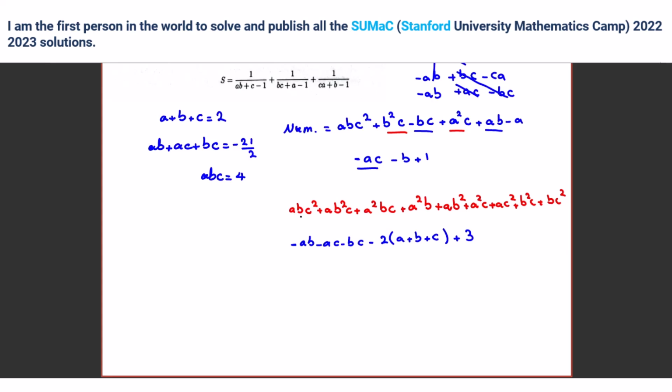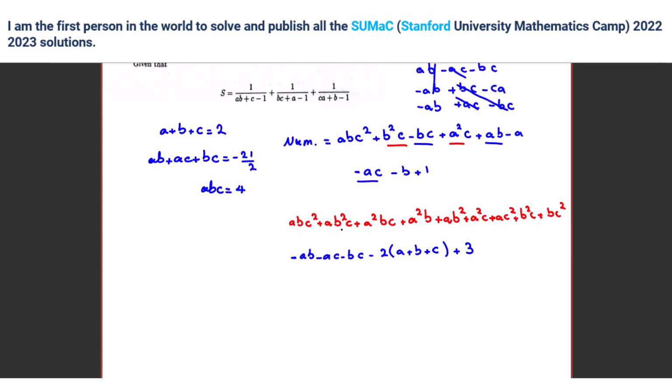Here you can say ABC times A plus B plus C for the first one, right? And this one also is easy. It is 2, this one is negative 21 over 2, right?